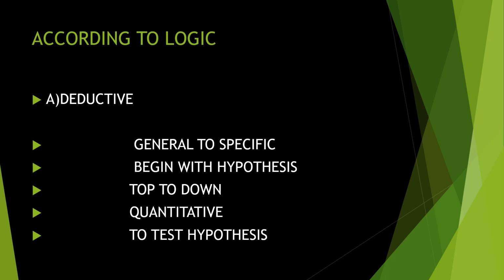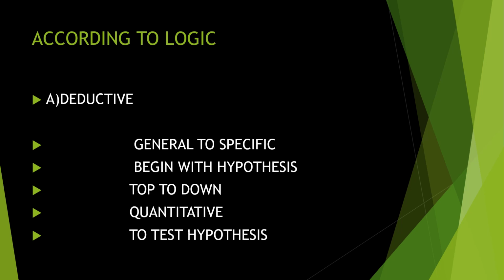Begin with the hypothesis. It starts with the theory itself and they are finding a new thing out of that theory. Top to down. That is what I have told already. Deduce means from the top to the down level. That is what we have to see in the case of deductive research. It is quantitative. Quantitative means we can measure it.